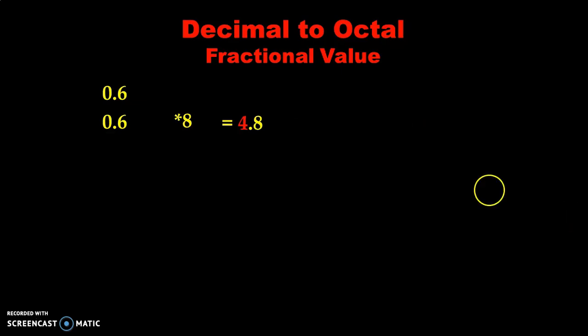Now you should notice at this stage that this is known as a product. 0.6 multiplied by 8, that is a product. In the product we can observe that there is a combination of an integer as well as a fractional value. 4 is our integer value, and 0.8 is our fractional value. So again, we have to separate the integer value from the fractional value.